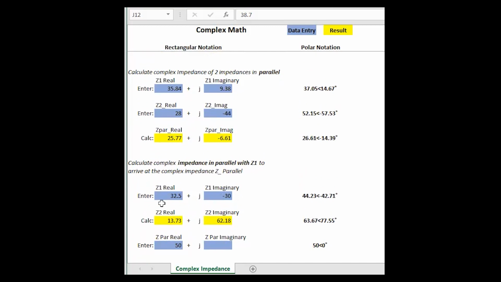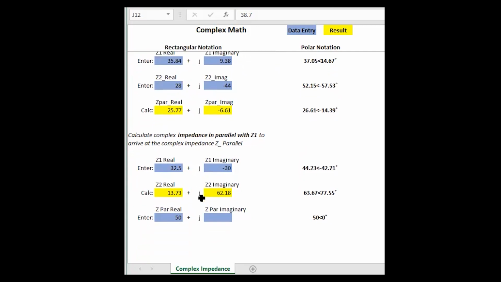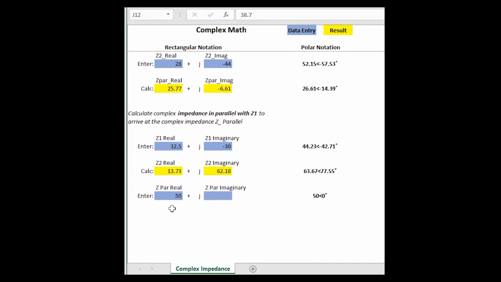I had 32.5 plus J minus 30, right? So that's what I actually have calculated at my antenna. My coax is 50 plus J0. I enter that down here in the blue, and it says the number I need to get is 13.73 plus J 62.18.